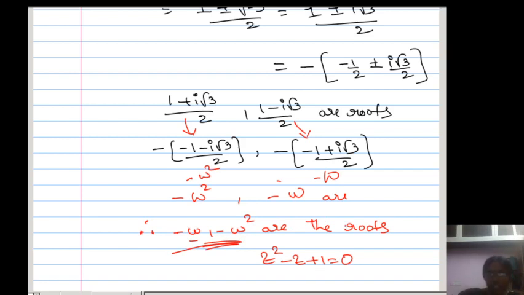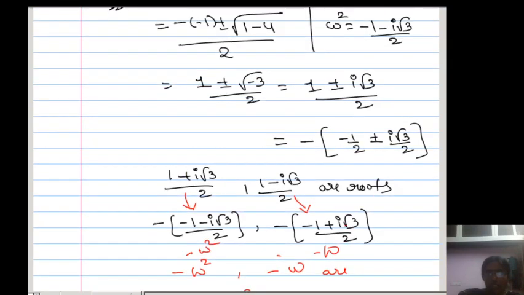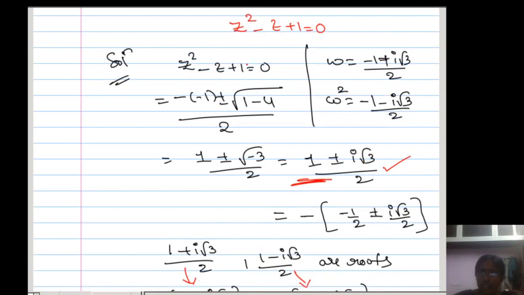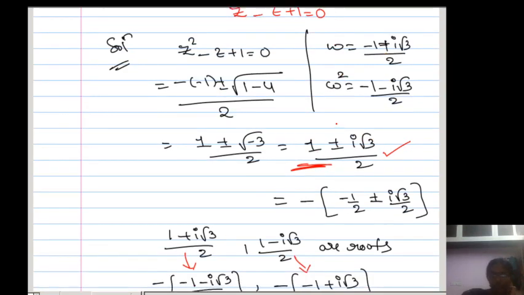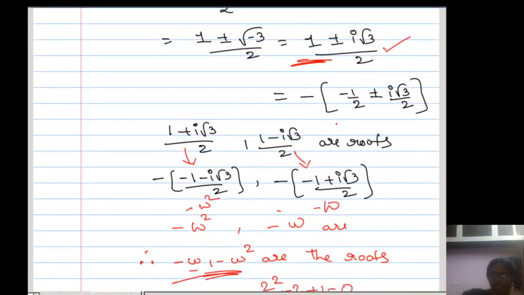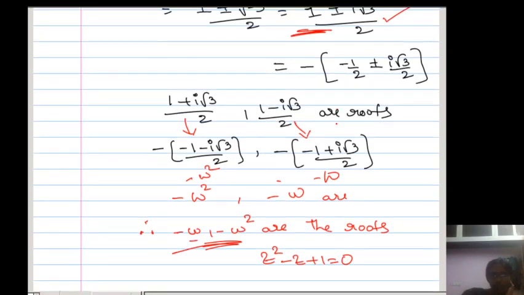According to the quadratic equation you got the roots like this, but I converted these roots in terms of omega and omega power 2. If you observe the relation, this is equivalent to minus omega, and this is equivalent to minus omega power 2. So these are the roots. This is your fifth problem.